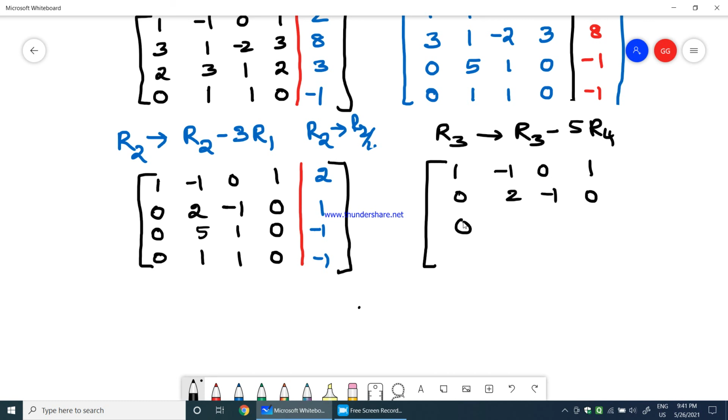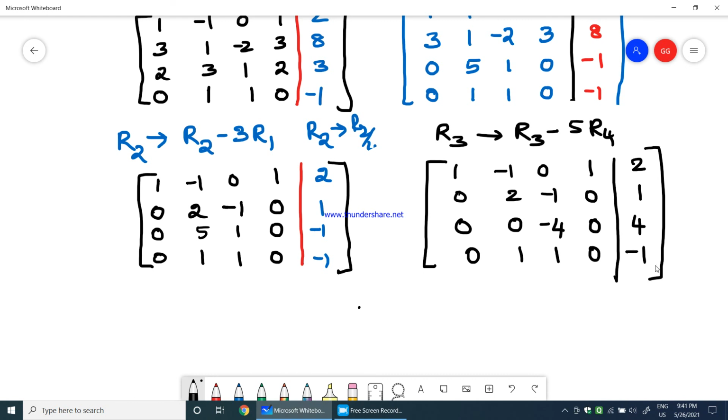So 0 minus 0 is 0. 5 minus 5 into 1, which is 5 minus 5, again 0. 1 is what we have. 1 minus 5 is minus 4, and then 0 minus 0 is 0, and minus 1 into minus 1, which is row 3, minus 1 into minus 5, which is plus 5, minus 1 plus 5, which is 4. You get 4 there. So we get 4 here, therefore others are 2, 1, and I'll write here 0, 1, 1, 0, minus 1.